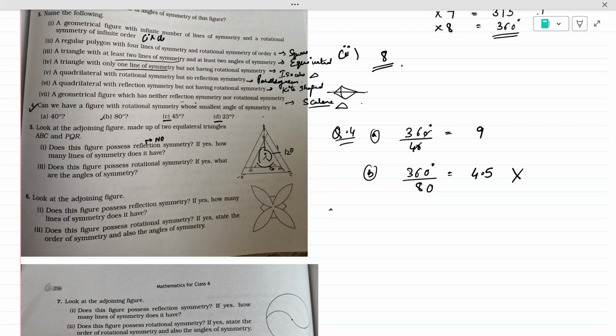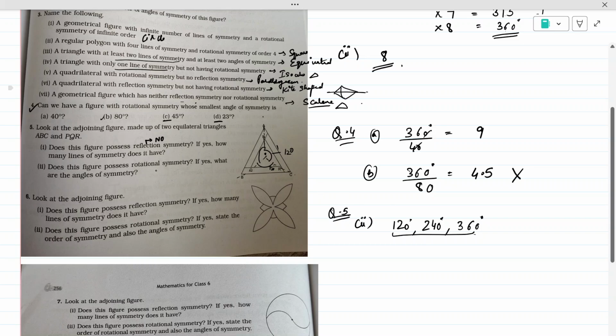After 120 degrees it will appear the same, then after 240 degrees it will appear the same, and then after 360 degrees it will again appear the same. It will appear the same when we rotate it through these angles.